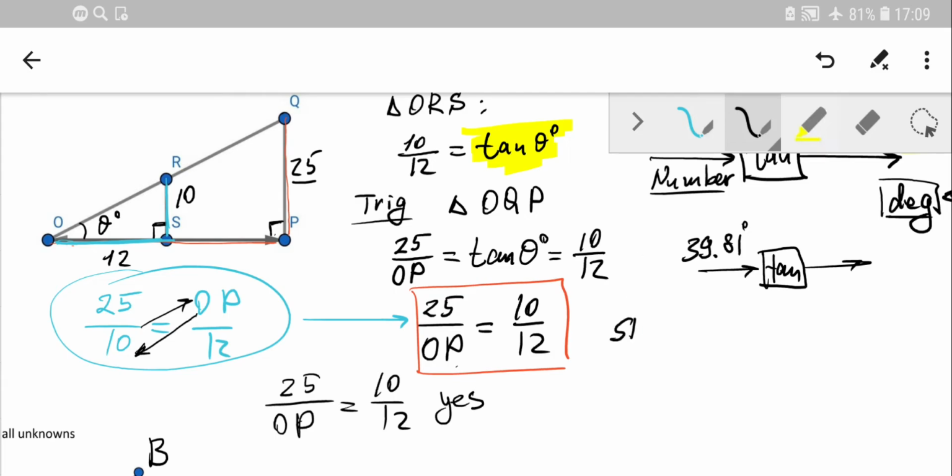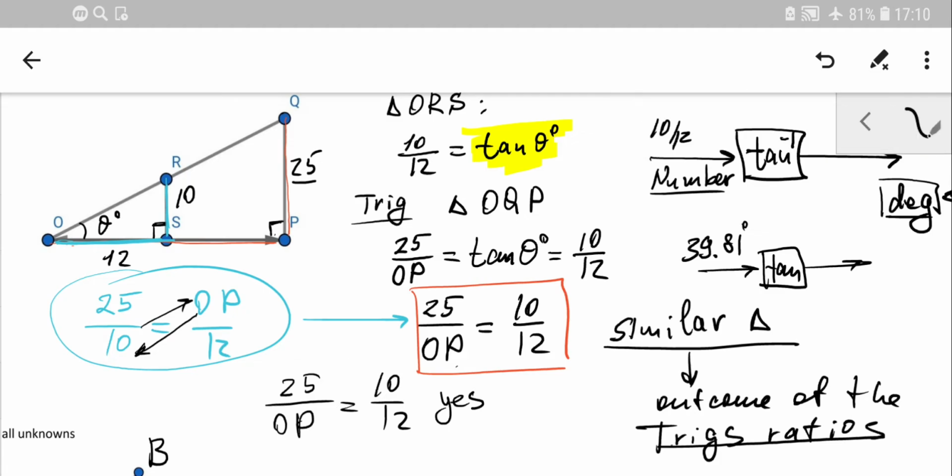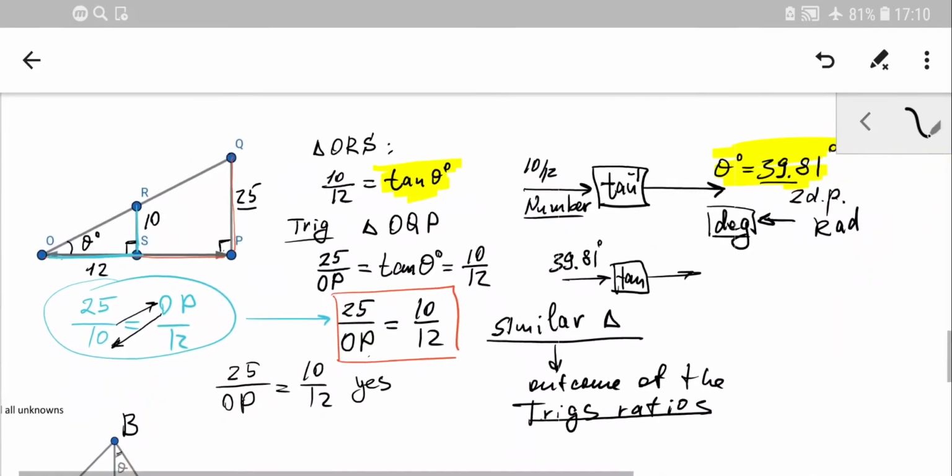That's actually similar triangles features in play. That's the outcome of the trig ratios. Okay, trig ratios. Here we discovered a bit more, but in the previous video, if you watched that, we already knew that. Okay, so hope you did the same.